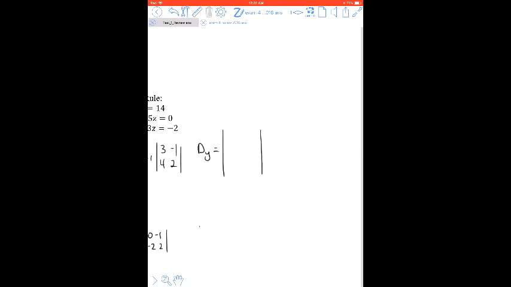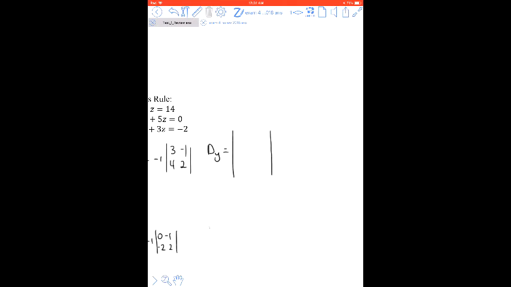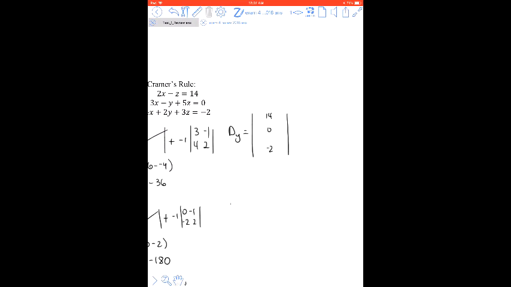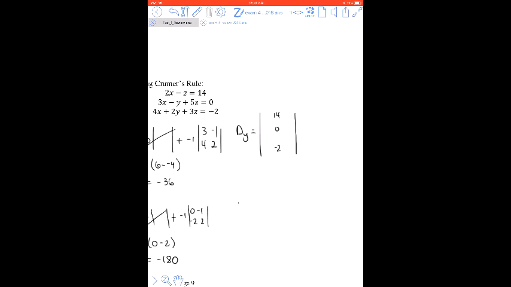The subscript there tells us that the y column, which is the middle column, needs these numbers 14, 0, negative 2. That comes from right there. And the x column is going to stay the same as it originally was, 2, 3, 4.